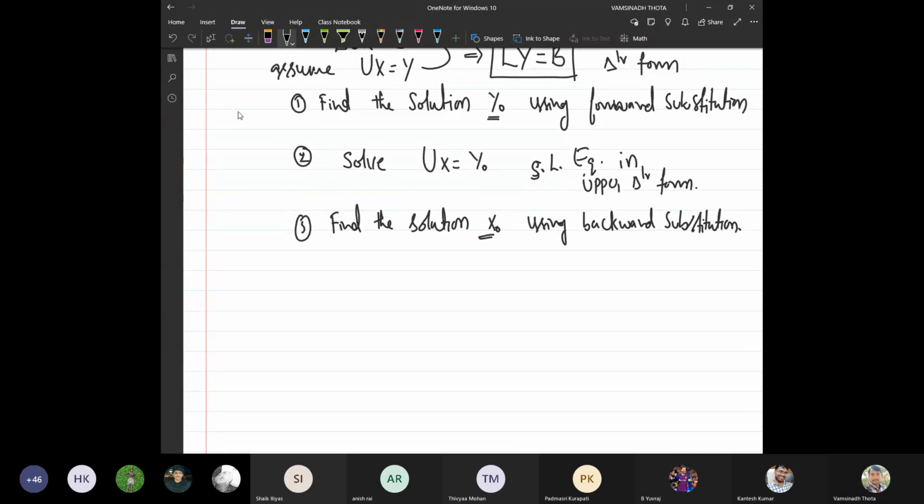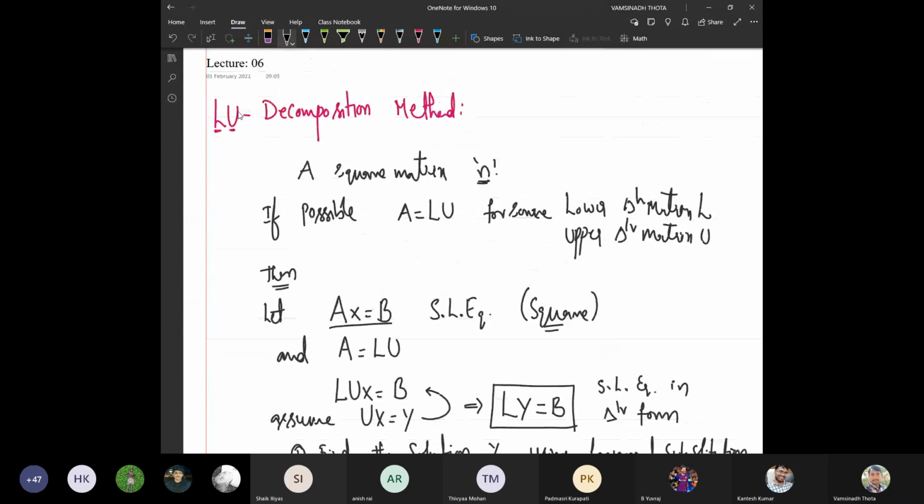Now let us see how the decomposition should be done. The very first question: is it possible to decompose every square matrix in this manner? The answer is no. It is not necessary that every matrix will have an LU decomposition.